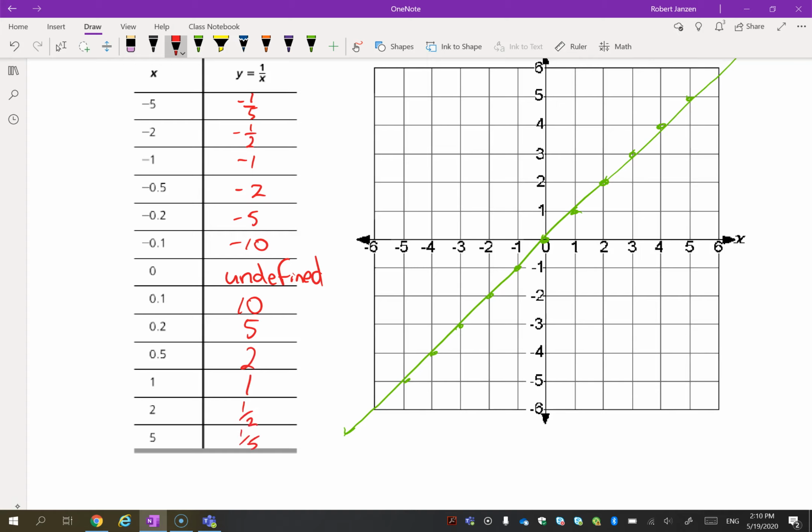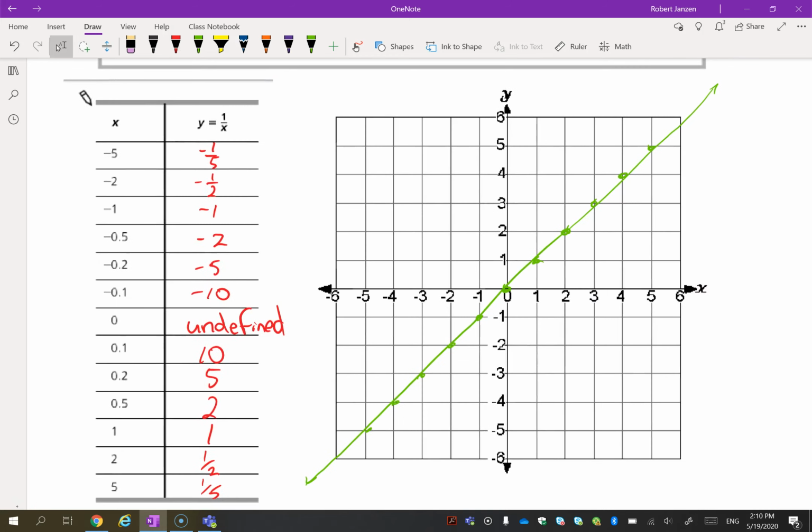So let's take a look at what that looks like on the graph. Let's start with the very bottom of the table. When you had the graph y equals x, and if x is 5, y is 5. That's what this point is right there. But what does it look like when you take the reciprocal of 5? You end up with 1/5.